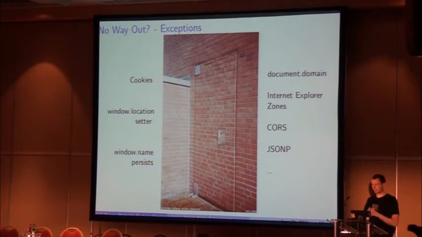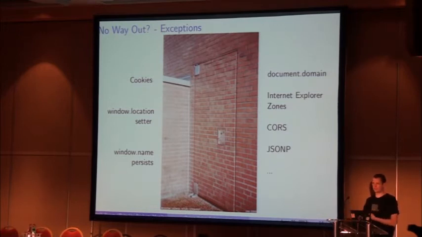Then there's document.domain. You can set the domain of the current document to something different, as in the suffix of your current domain, and opt in to be able to communicate with different host names in the same domain, so different subdomains, sorry. So you can somehow opt out of the Same-origin policy for certain cases here.